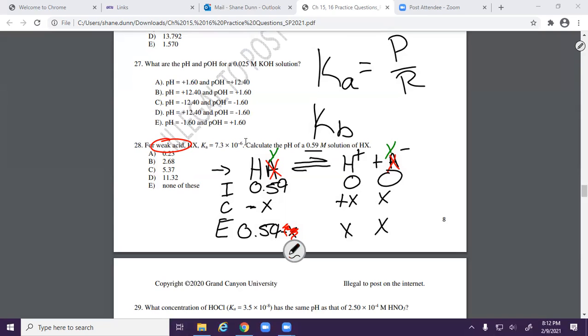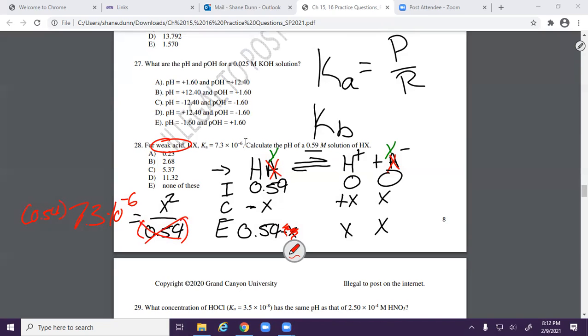Plug this into Ka, which is products over reactants. So what are my two products? X times X. What's X times X? Then I plug in 0.59 to my Ka, which is given to me, which is 7.3 times 10 to the negative 6. How do I solve for X? Yeah, multiply 0.59. Fine, get rid of it.